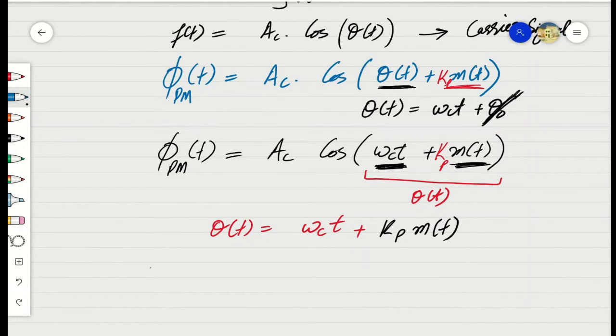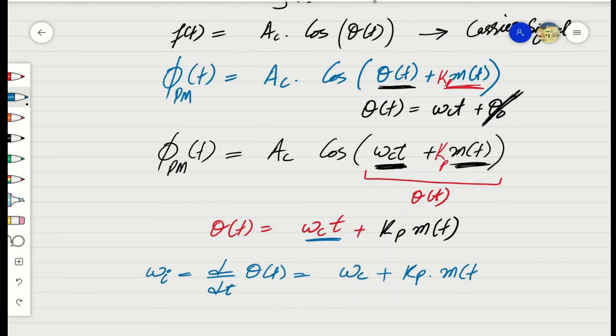We can obtain an expression for instantaneous frequency, as the derivative with respect to time of the instantaneous phase is equal to the instantaneous frequency. So if we take the derivative of the first part with respect to time, omega c being a constant with respect to time, plus Kp being a constant multiplied by the derivative of the information signal. m dot of t, for example, represents the derivative of m of t.